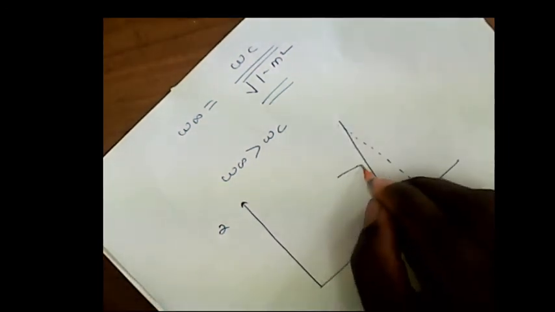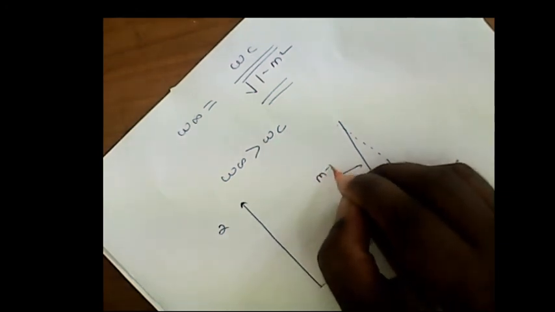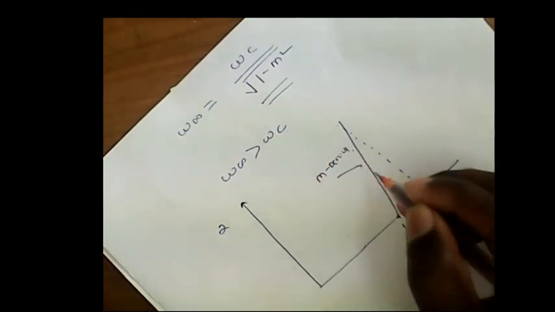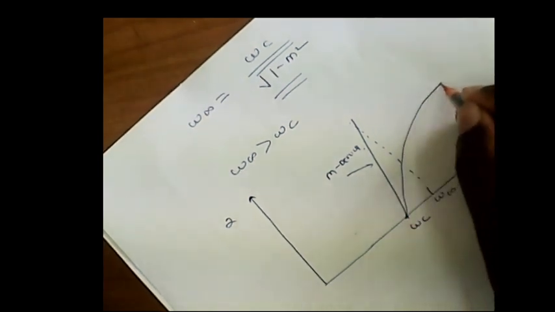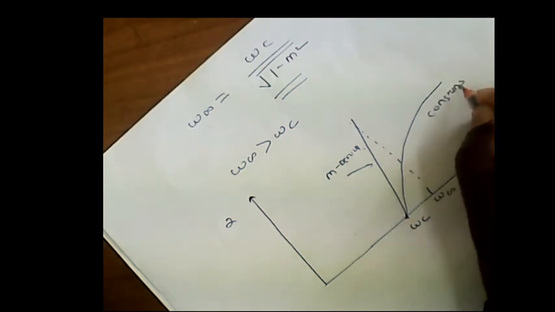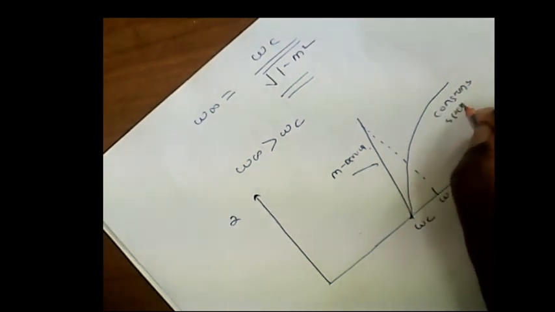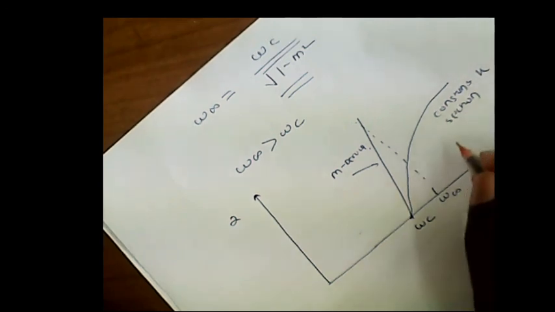This curve is for the m-derived filter section, and this is for the constant K section attenuation.